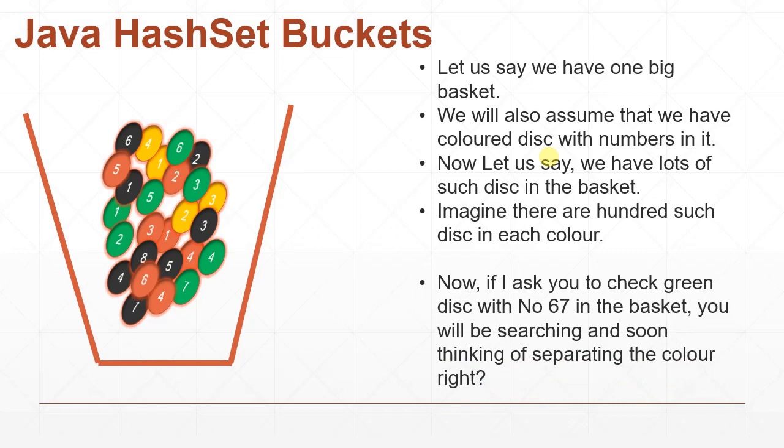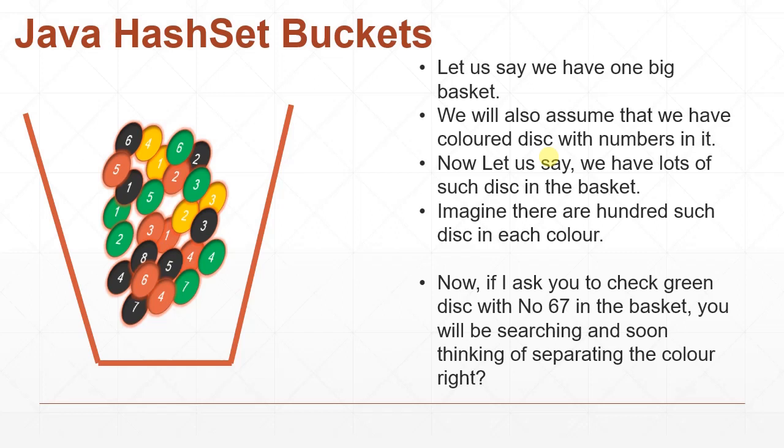Now if I ask you to check for the green disk with the number 67 in the basket, and tell me whether that disk number 67 in green color exists in this basket or not, and assume that there are 1 to 100 disks in each color, and there will be some missing disks also.